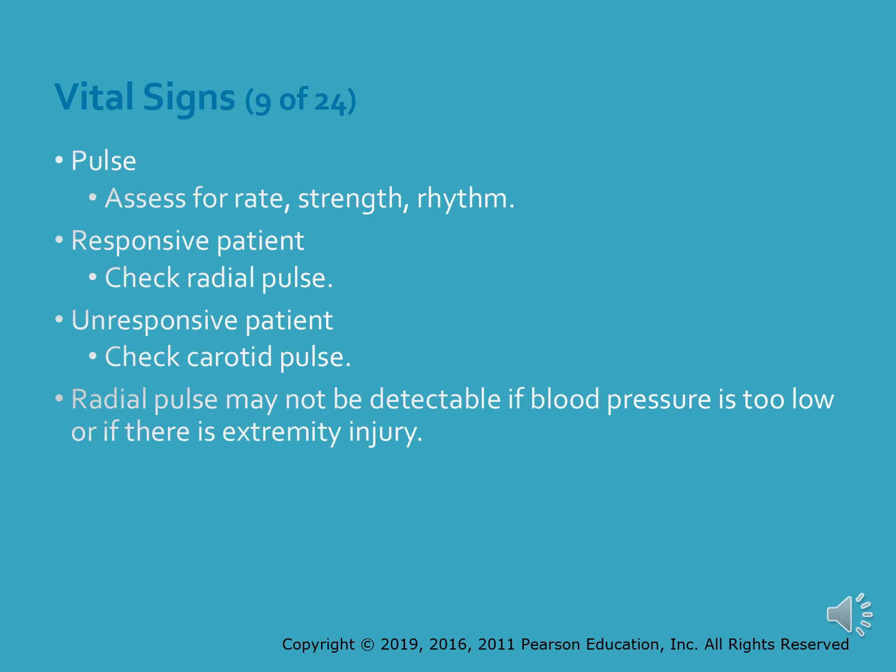The absence of a radial pulse, when there is a carotid pulse, indicates an abnormally low blood pressure and possibly shock. A radial pulse may not be detectable if the patient's blood pressure is too low or if there is an extremity injury that is interrupting blood flow to that distal arm.